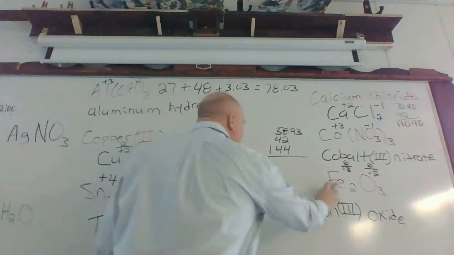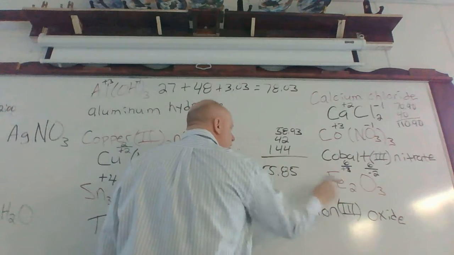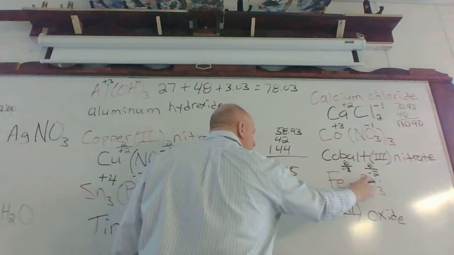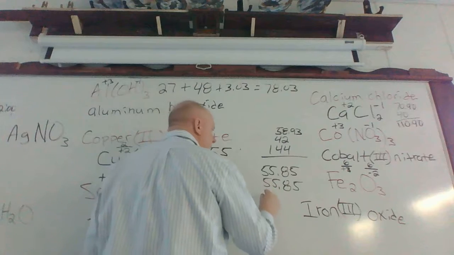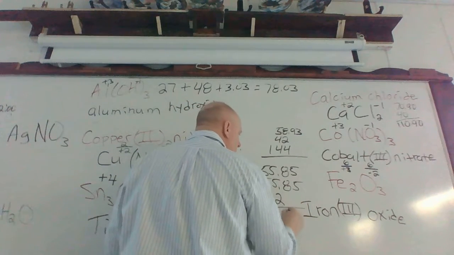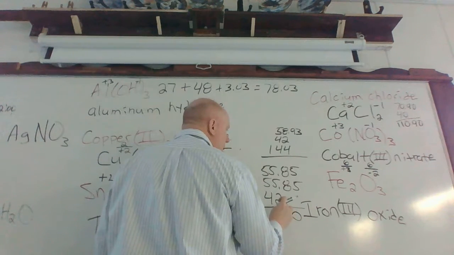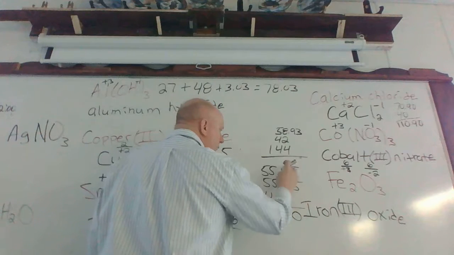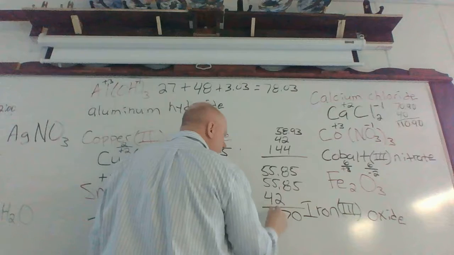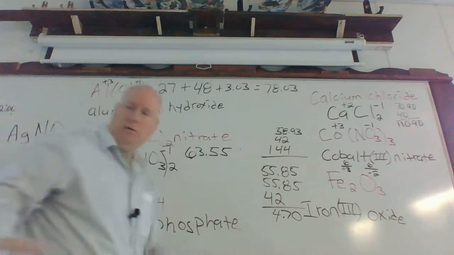And 1 iron is 55.85. We've got 2 of them. And then every oxygen is 16. 16 times 3 gives us 48. Adding those together. That doesn't look right.